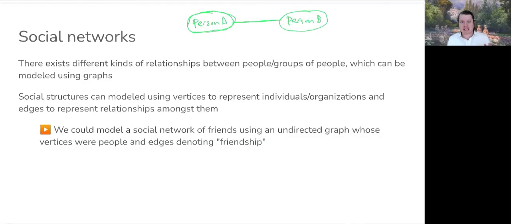Maybe, on a 1 to 10 scale, person B and A are really close friends, so they have a relationship factor, whatever you'd like to call it, of 10. Maybe person A is also friends with person C, and that relationship isn't perhaps as strong.